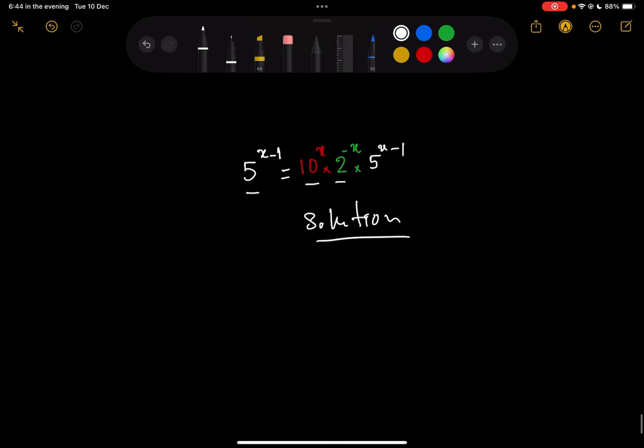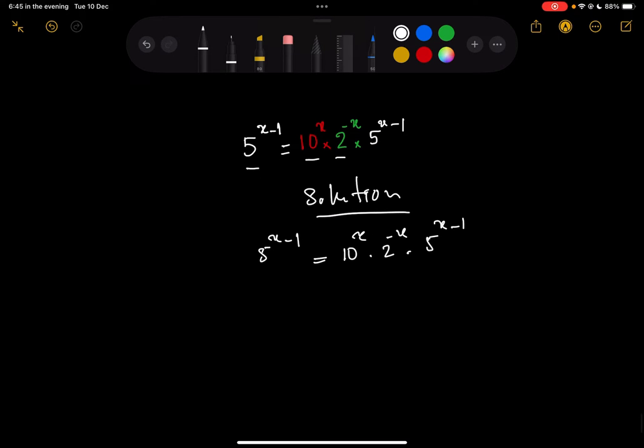We can see that 5^(x-1) equals 10^x times 2^(-x) times 5^(x-1).